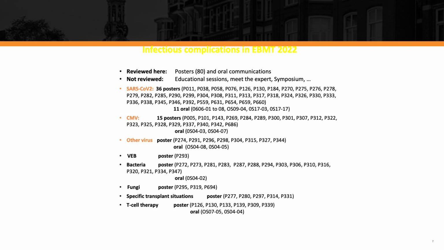CMV was second; it's a classic pathogen. So as you can imagine, if I had to review all the SARS-CoV-2 communications, this presentation would focus on SARS-CoV-2, and maybe we are a little tired of SARS-CoV-2 after 2 years of pandemic, so I decided to focus on non-SARS-CoV-2 complications.